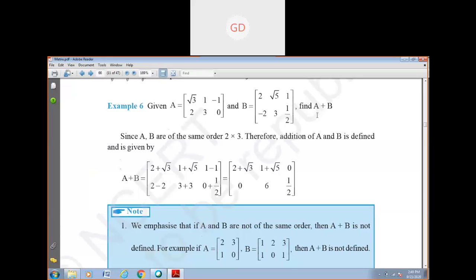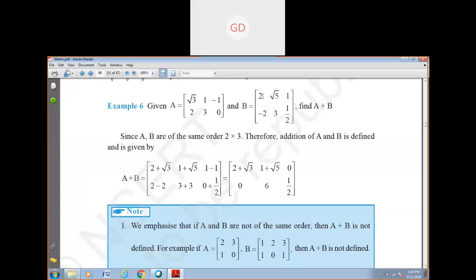So to perform A plus B, we have to have another matrix adding A and B. And in that matrix, the first element will be root 3 plus 2. We have just added the corresponding elements.